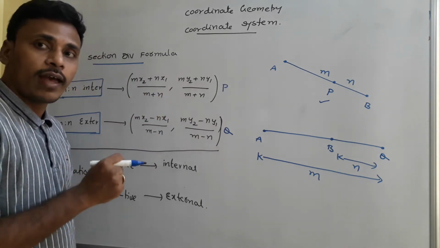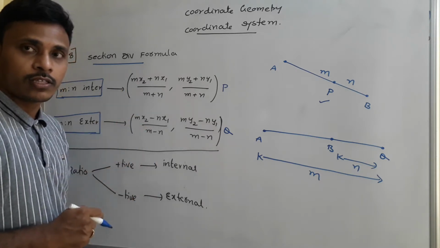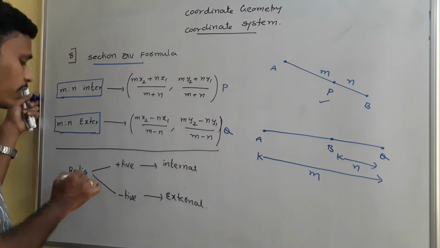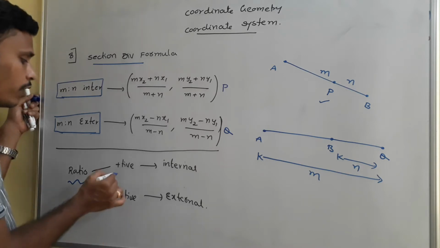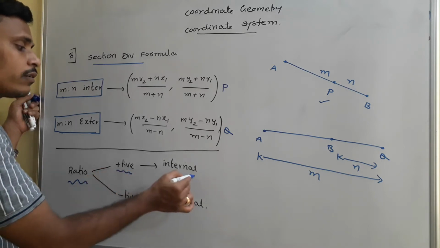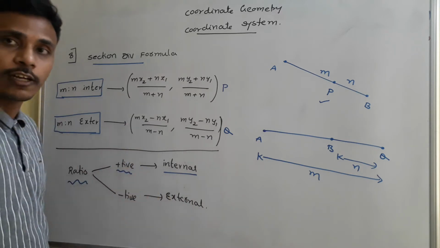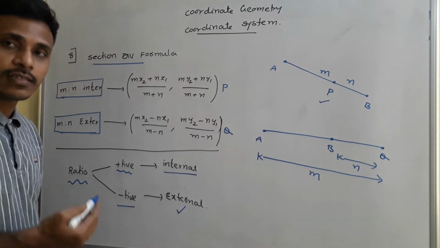If you have any confusion or doubt related to this, just revise the previous class. We also mentioned that if the ratio is given in the problem, or if you find the ratio, and the ratio is positive, then the division is internal. If the ratio is negative, it indicates that the division is external.